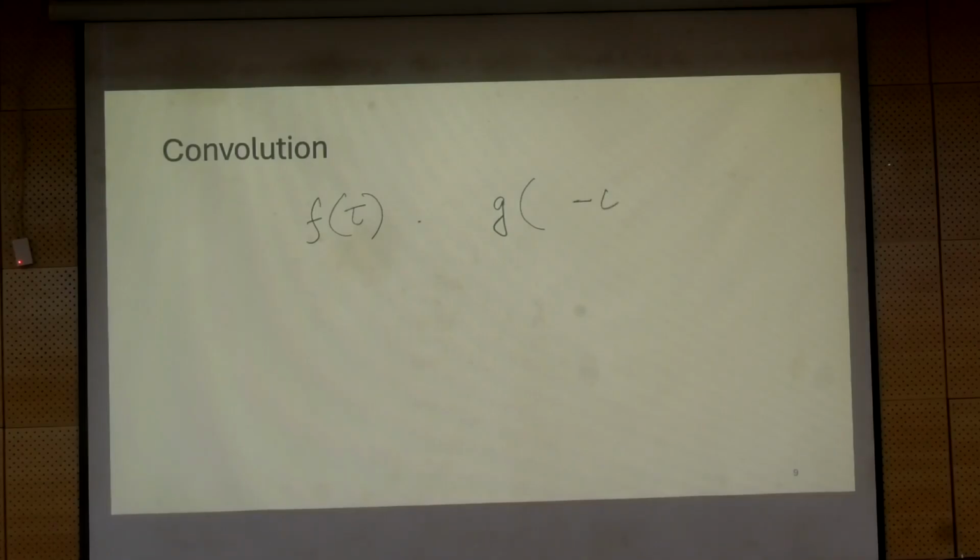So you do a minus tau and you do a shift. And at every instant from minus infinity to plus infinity, you will be doing this mathematical manipulation.